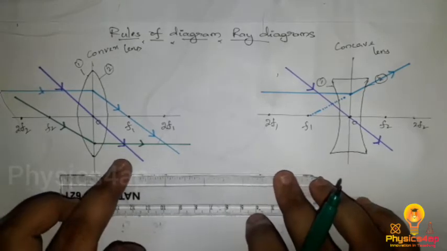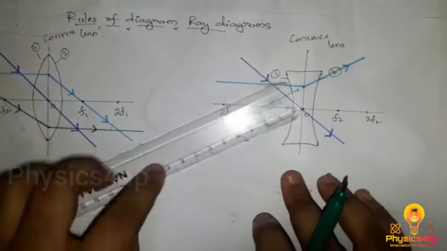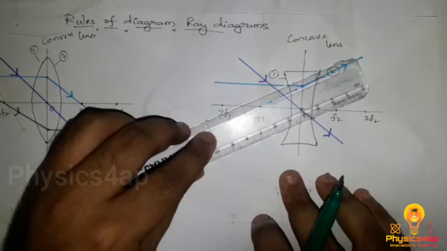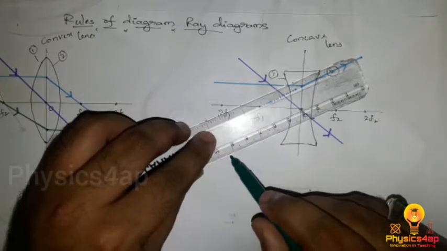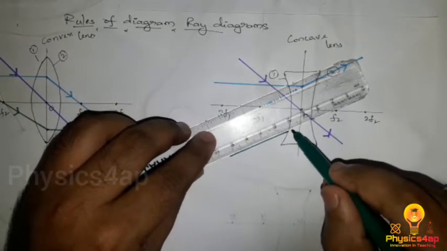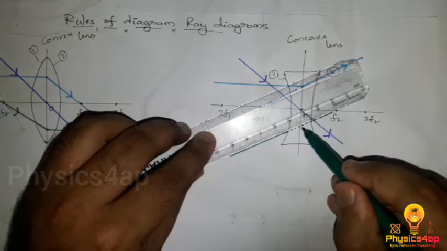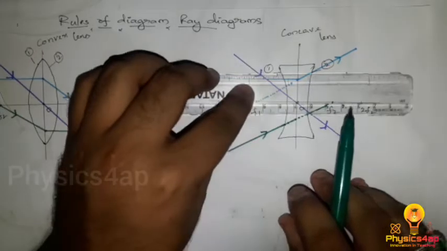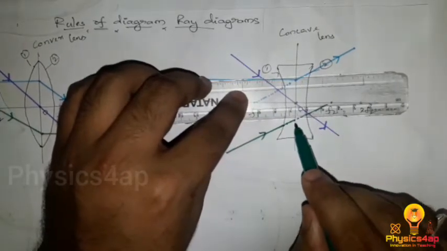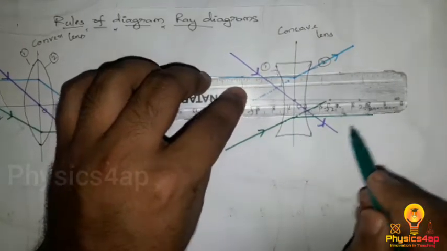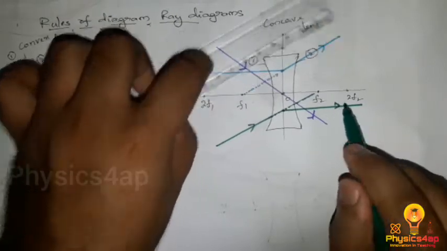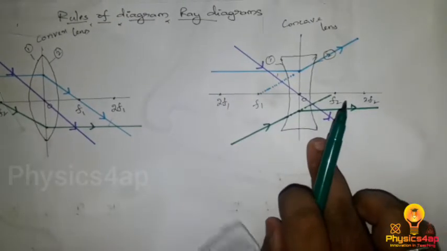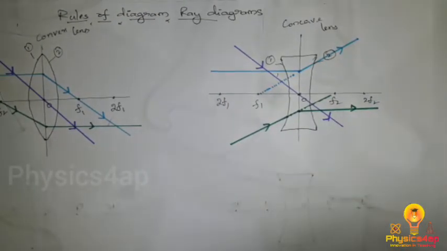And in this case also, when it passes through the focus, that means it appears to be falling on the focus. After refraction, it gets diverged and passes parallel to the principal axis. So this is how it moves for the concave lenses.